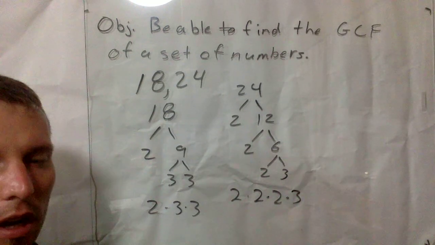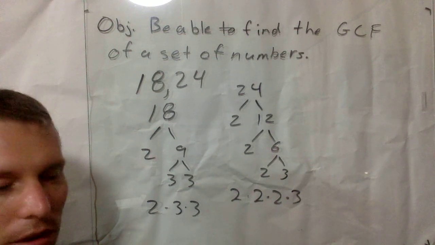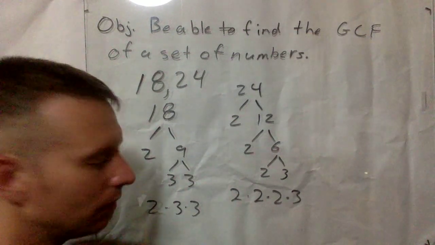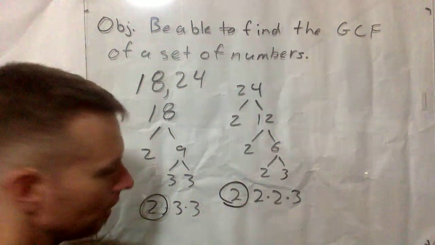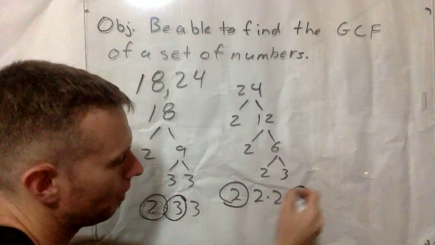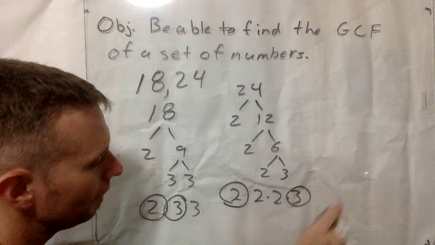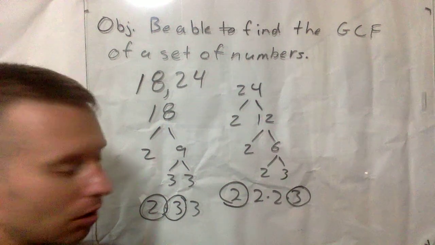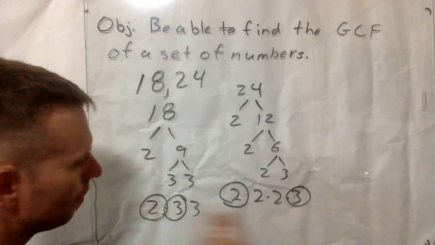If you're using this method, you circle the factors that they have in common. There's a 2 here and a 2 here. There's a 3 here and a 3 here. If there was another 3 on both of these, you'd circle those as well, or if there was an extra 2 over here, you'd circle that as well.